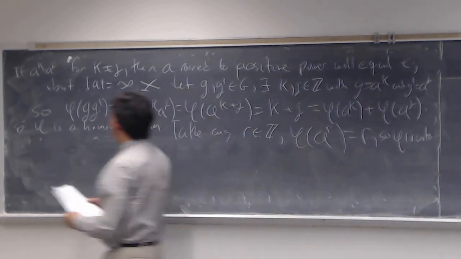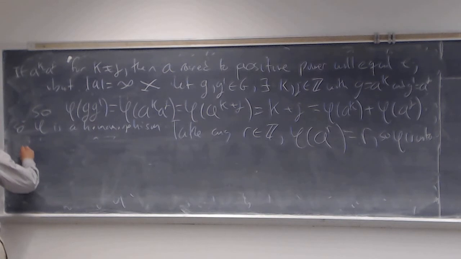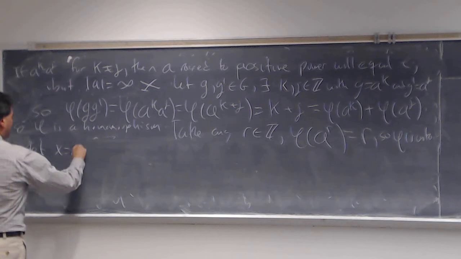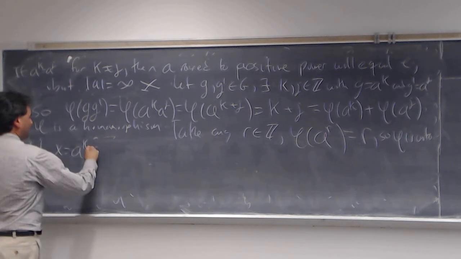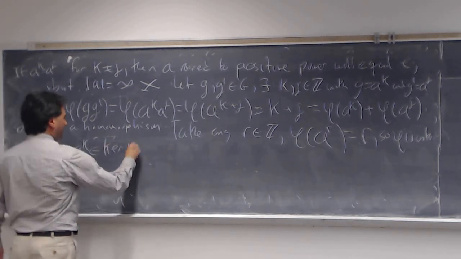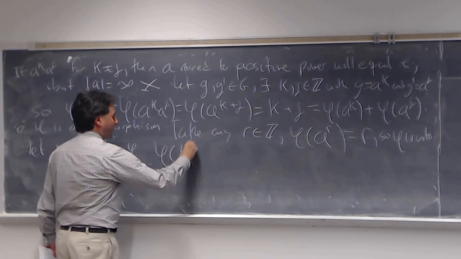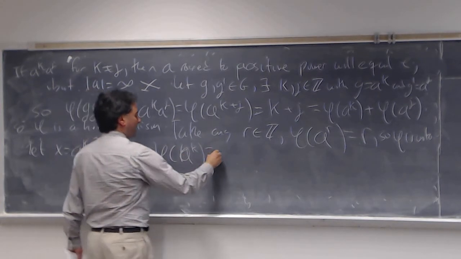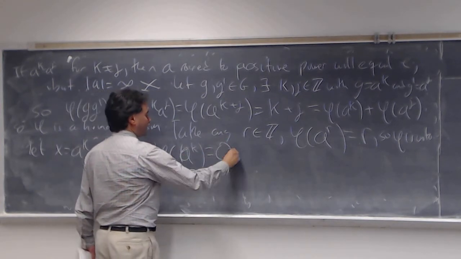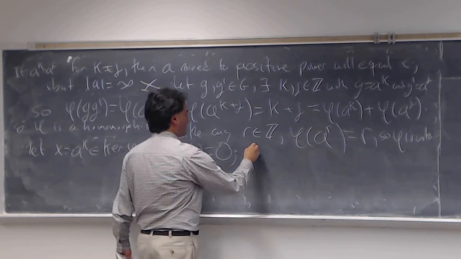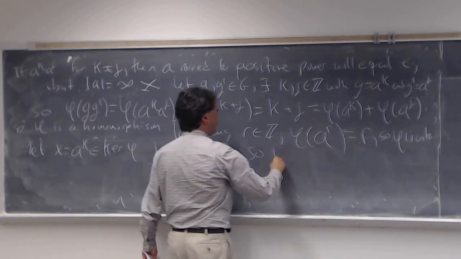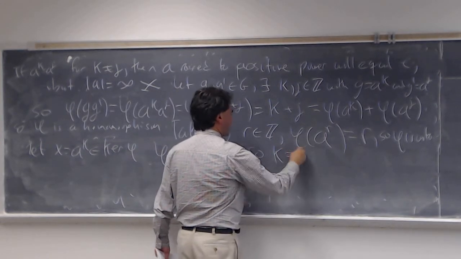Why is it 1-to-1? Let X, which is some A to the K, be an element of the kernel of my mapping phi. So phi of A to the K is equal to 0. That's the identity in the integers. So K has to equal 0.